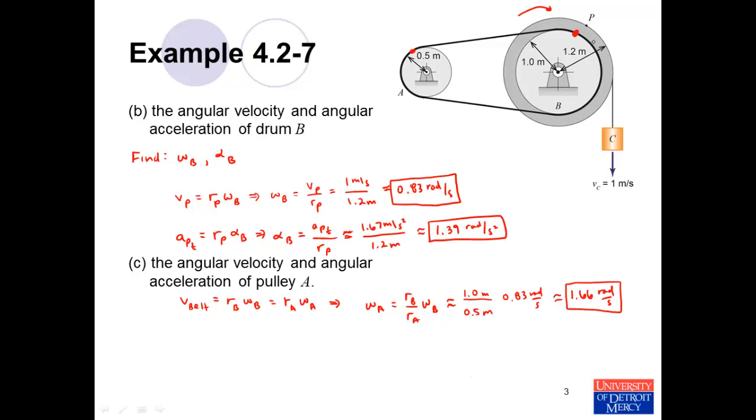Similarly, just in the same manner that any point on the belt had the same velocity, they also have the same tangential acceleration, since they have the same change in velocity over the same increment of time. So we'll call that the acceleration of the belt, or the tangential acceleration of any point. It's equal to the radius of body B times the angular acceleration of body B, and the radius of body A times its angular acceleration. If we want to determine alpha A, we divide through by RA.